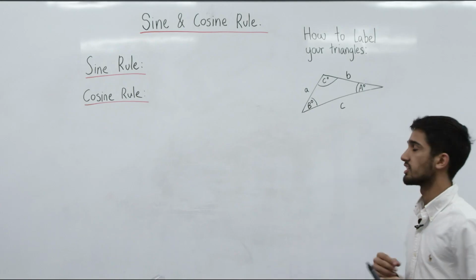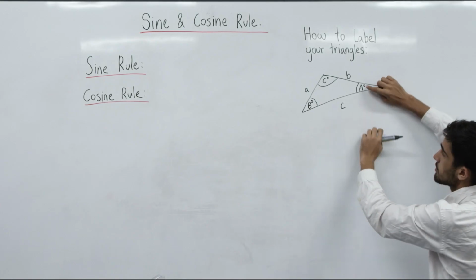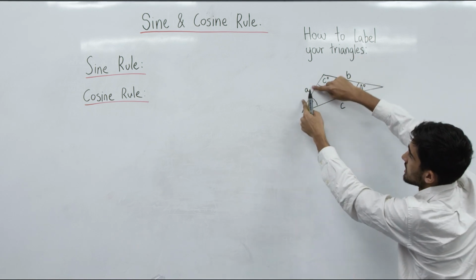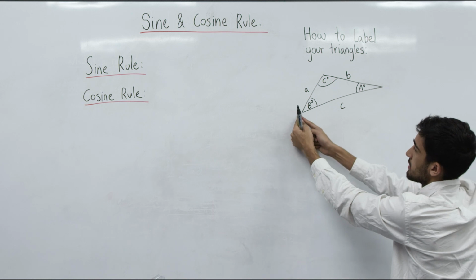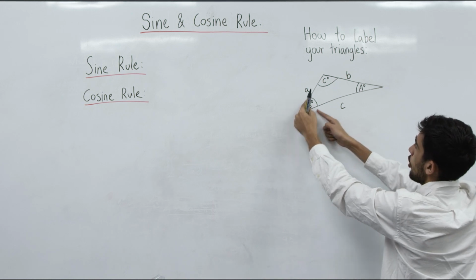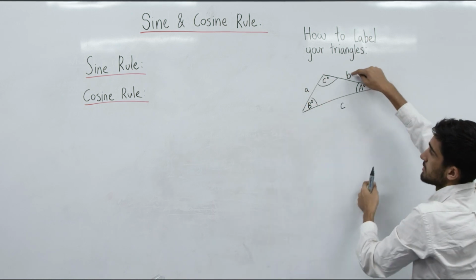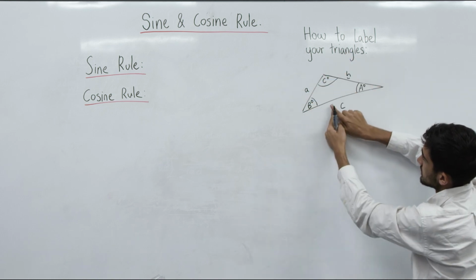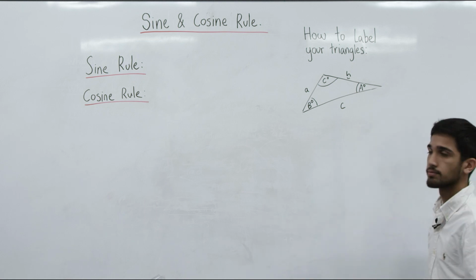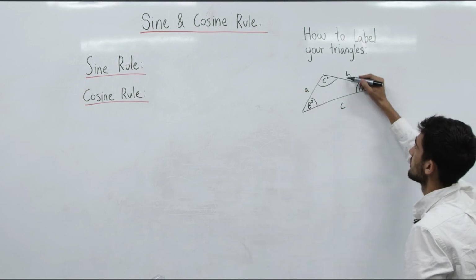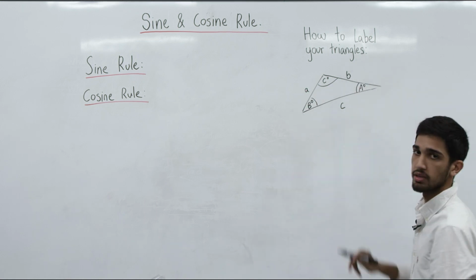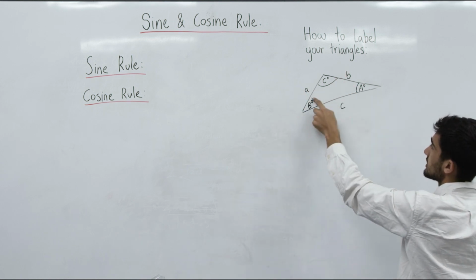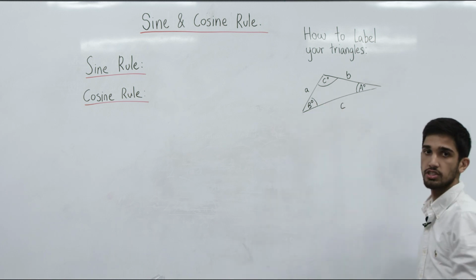The way I like to think about it is the angle A, which we represent with a capital A, opens up to give the side A. Angle B, with a capital B, opens up to give the side B, and angle C opens up to give the side C. Okay, so that's the first step: label your triangles properly, A, B, and C, the matching angle A, the matching angle B, and the matching angle C.